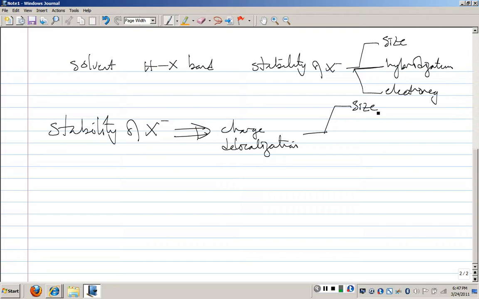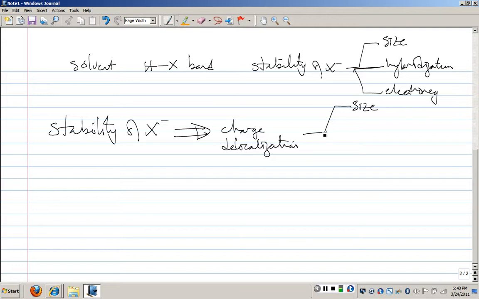That's why I minus was a weaker conjugate base than F minus, because the I minus is allowing the 1 minus charge to be dispersed or delocalized over a large area. So its charge density is low, its stability is high, its greed for a proton is very poor, and therefore it's going to be a weak base.